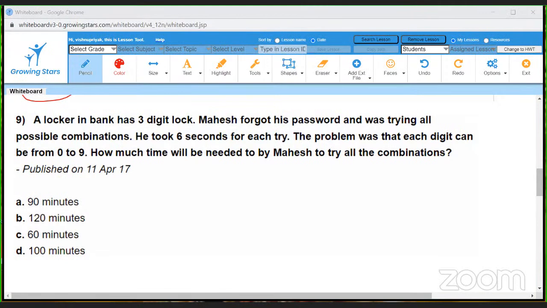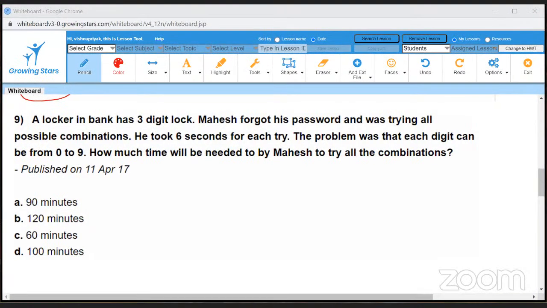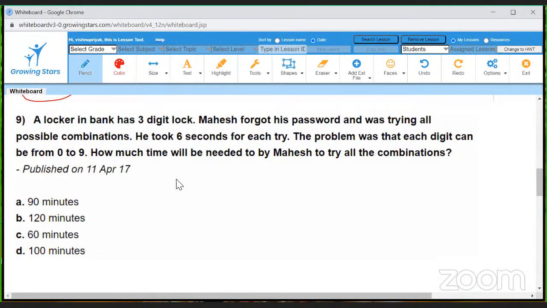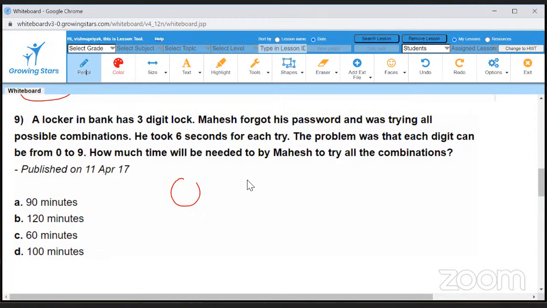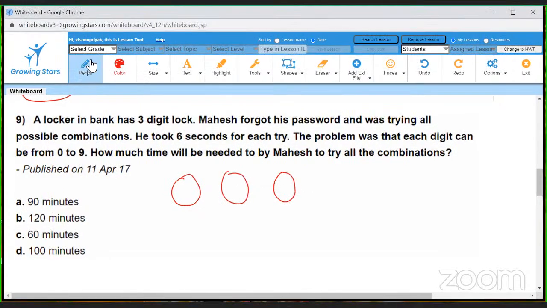Clearly, it is a combinations question. So, there is a 3-digit lock, and Mahesh is given 0, 1, 2, 3, 4, 5, 6, 7, 8, 9. So total 10 numbers are given. He can put any one of the 10 numbers in the first place.